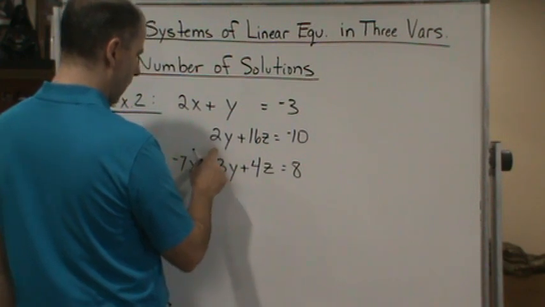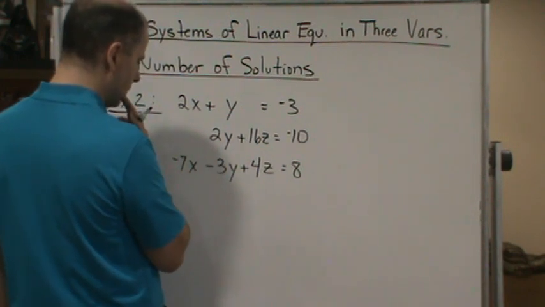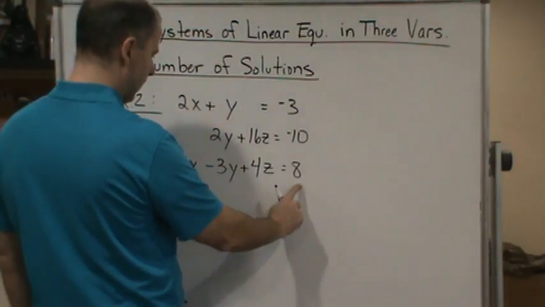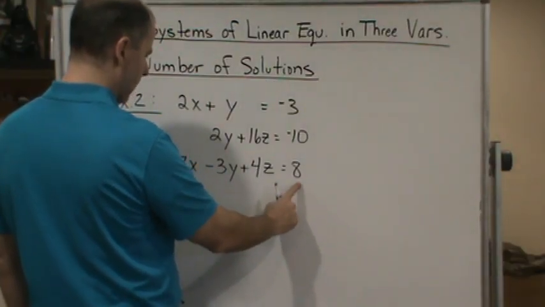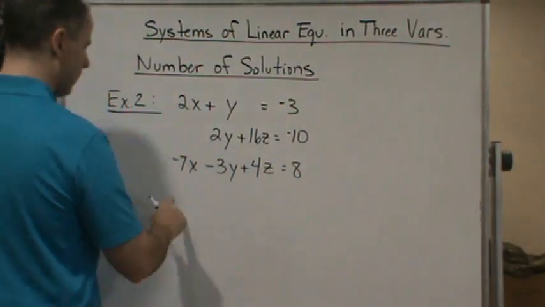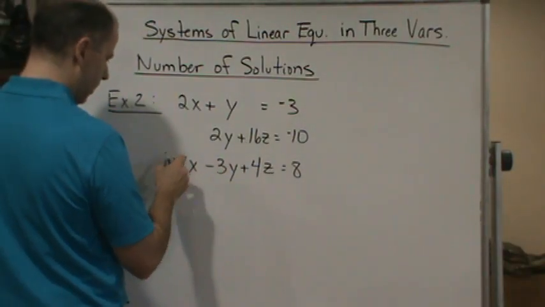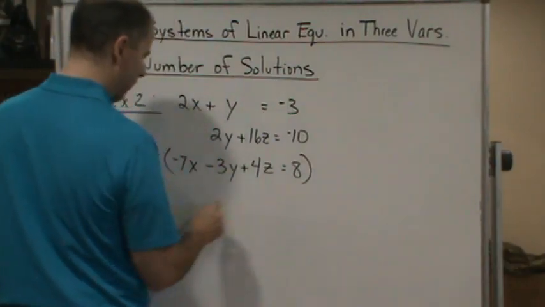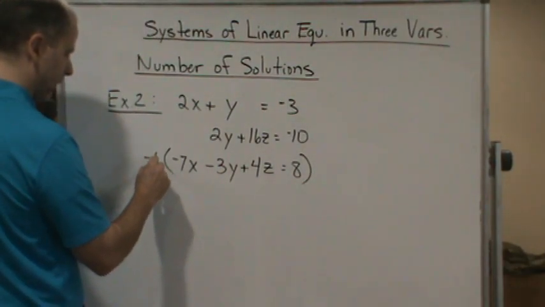You can multiply this by -4. Let's do that. You could also divide this one by 4, but let's keep everything as integers. So I'm going to multiply the bottom one by -4.